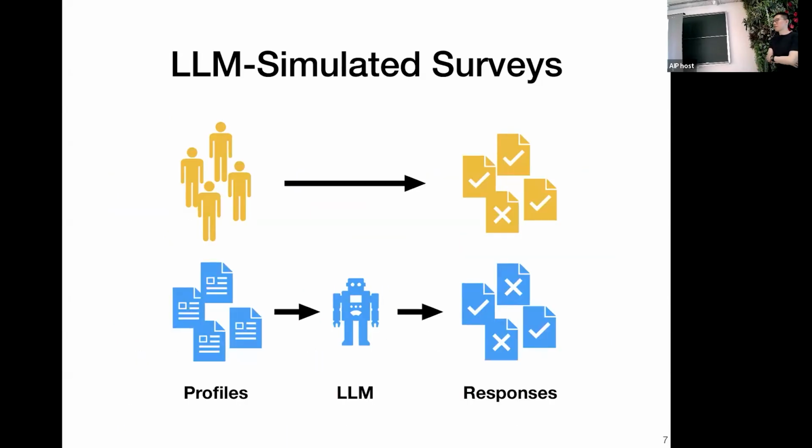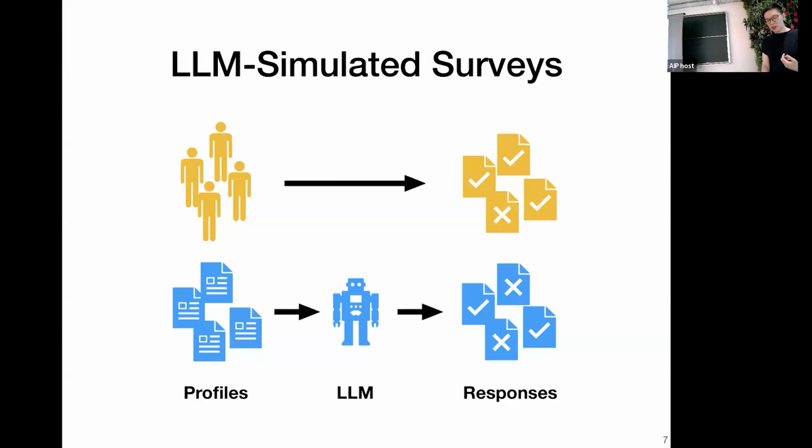So this is how it usually works. In the traditional survey, you start with a bunch of real people and you hand out your questionnaire, you collect the responses. So in the simplest scenario, your questions are just yes or no questions. Then you will get a lot of yes or no answers from those people. Okay.